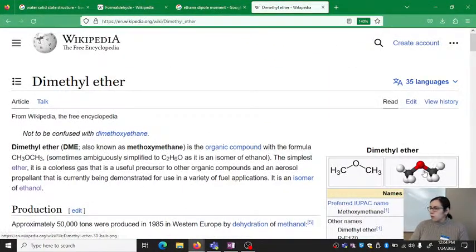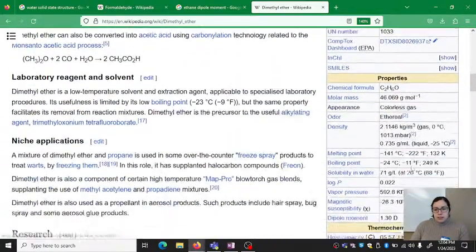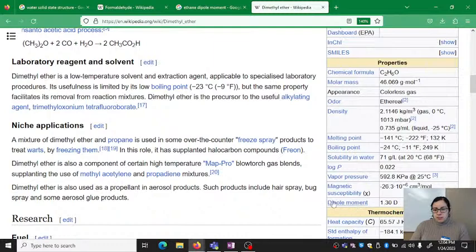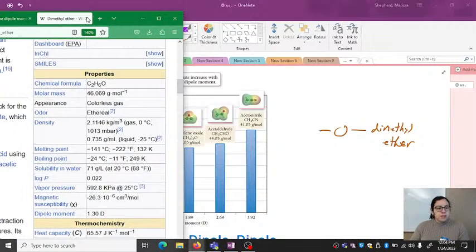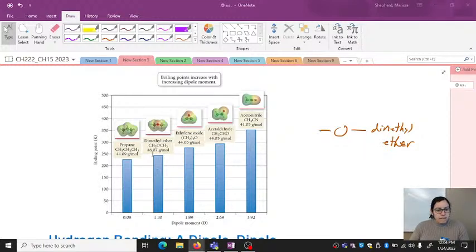The key point is you want to be able to draw this structure so you can recognize that there is an oxygen in the center that might have more electron density. Let's see if we can put it in context. Wikipedia has a dipole moment for us, 1.3. So again, that gives us a sense of lower on the polarity scale. And again, we see that slightly higher boiling point.